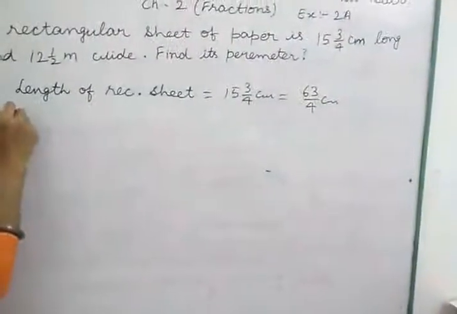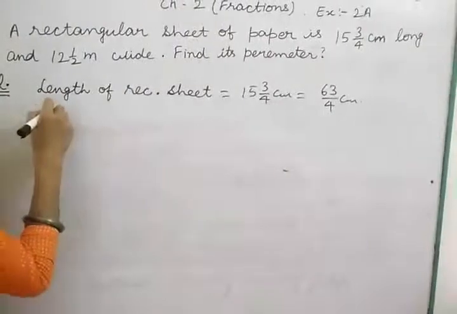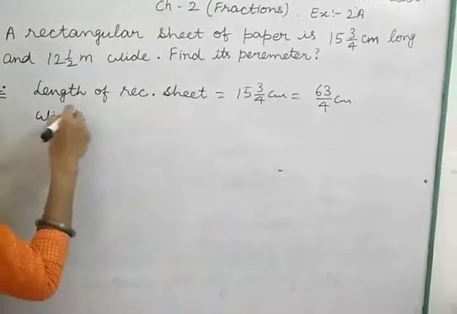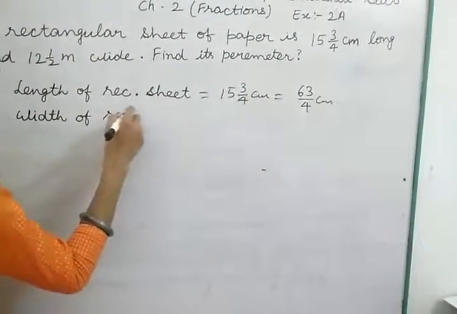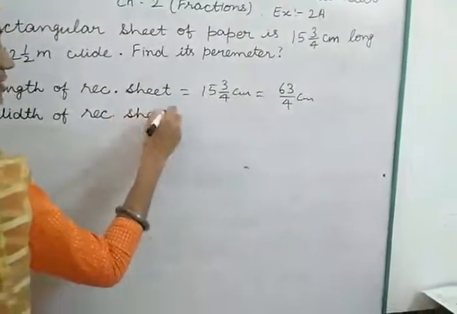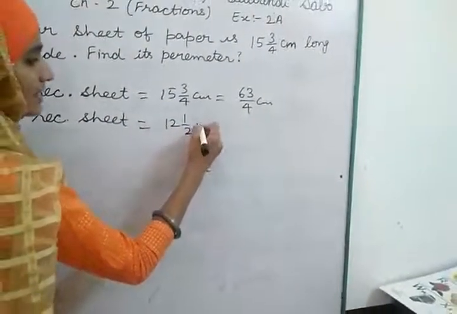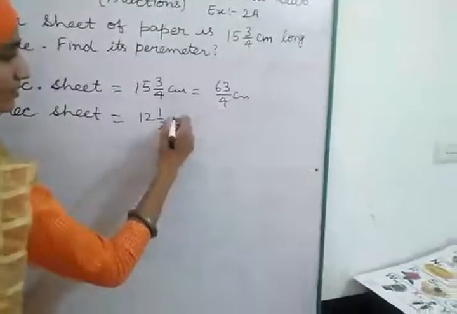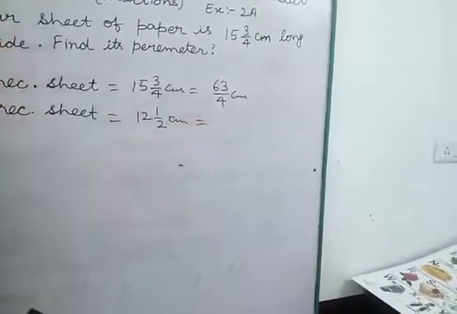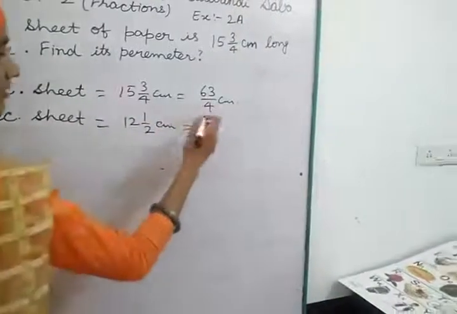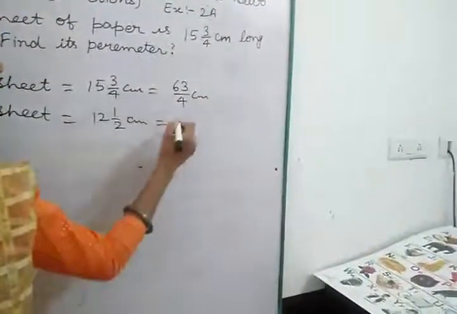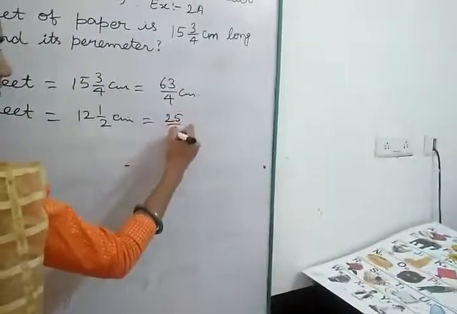Next, width of rectangular sheet is equal to 12 and 1/2 centimeter. In simple fraction, 12 times 2 is 24, plus 1, 25/2 centimeter.